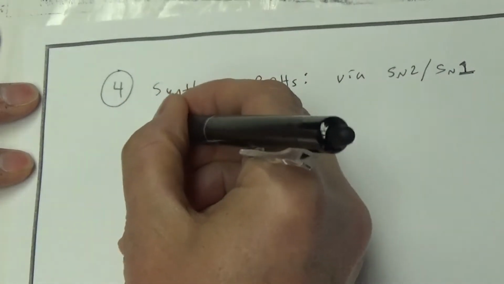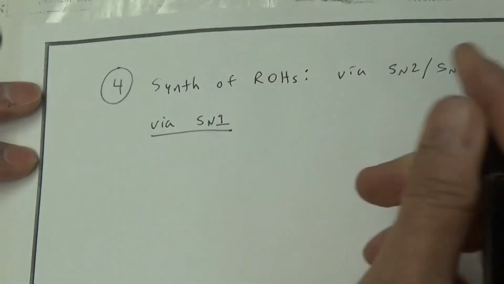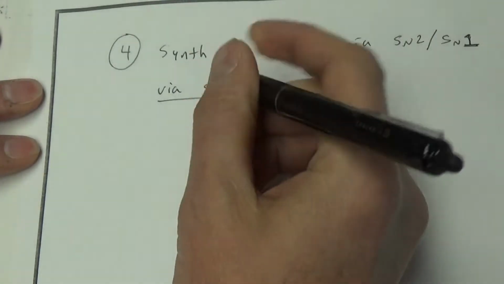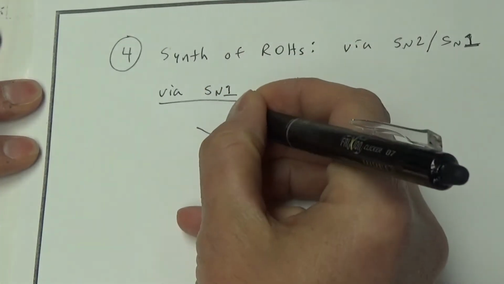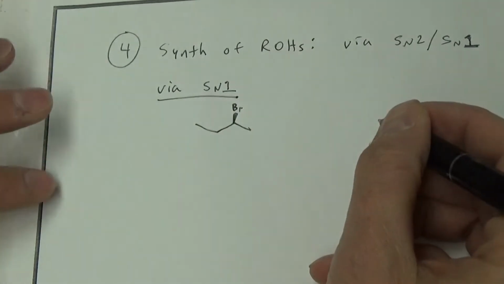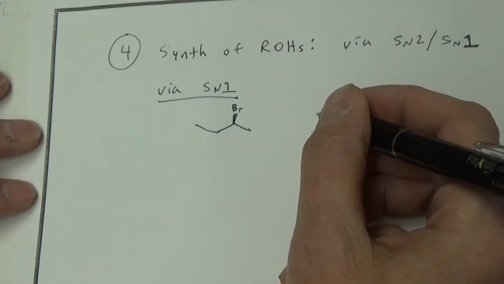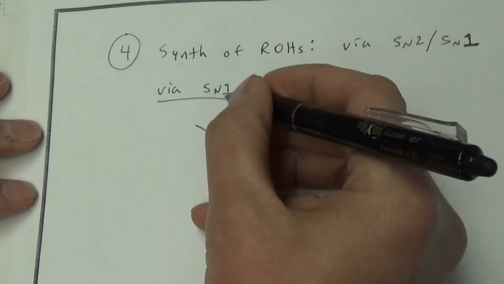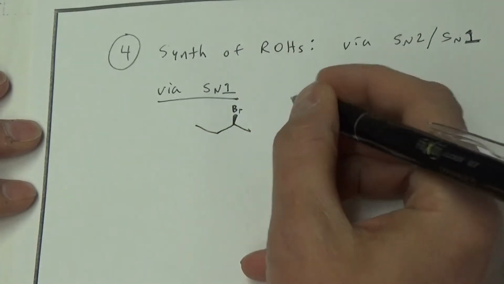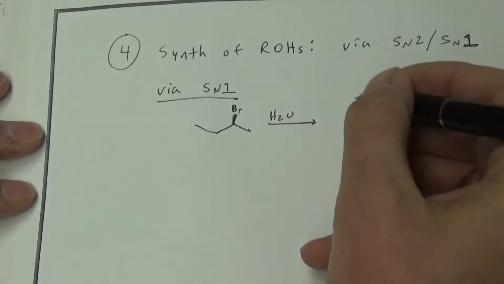So if we're doing SN1 chemistry, how would you go about making an alcohol? One way is if you have a secondary haloalkane, like a bromobutane, chiral or achiral. If it's secondary, you can do solvolysis with water.